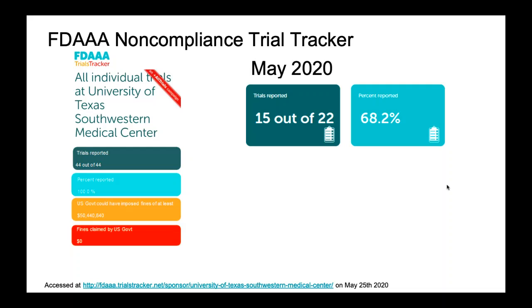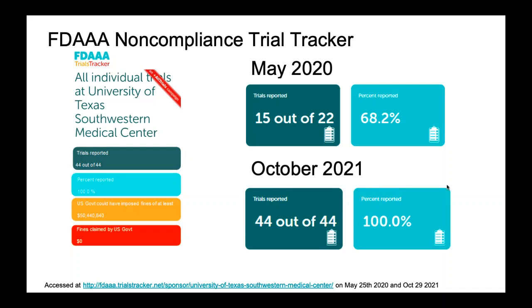UT Southwestern leadership was obviously very concerned at that time. With everyone's effort, we have made 100% compliance since the beginning of this year, and we are going very strong.